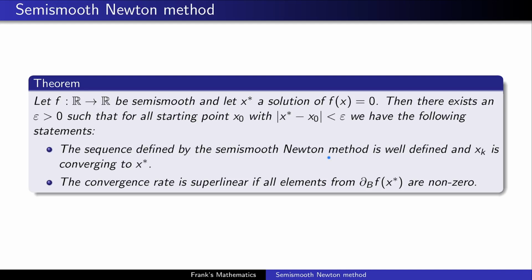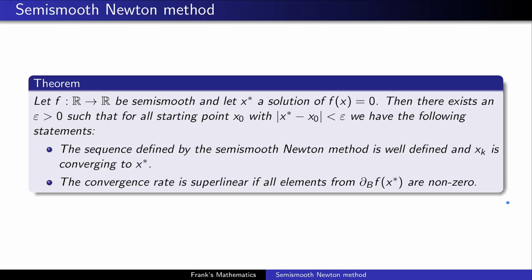And further, the sequence we are generating is converging to x star. And second, we know that the convergence rate is superlinear if all elements from the B subdifferential are non-zero. This, of course, point number 2, resembles the classical result you obtained from the classical Newton method.